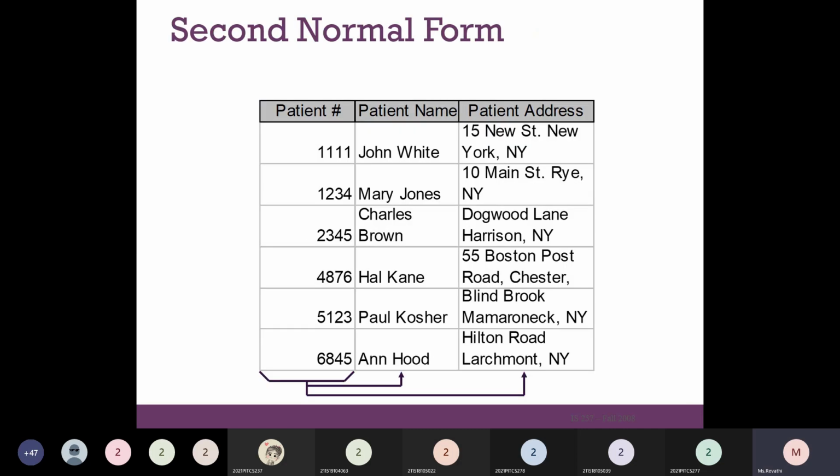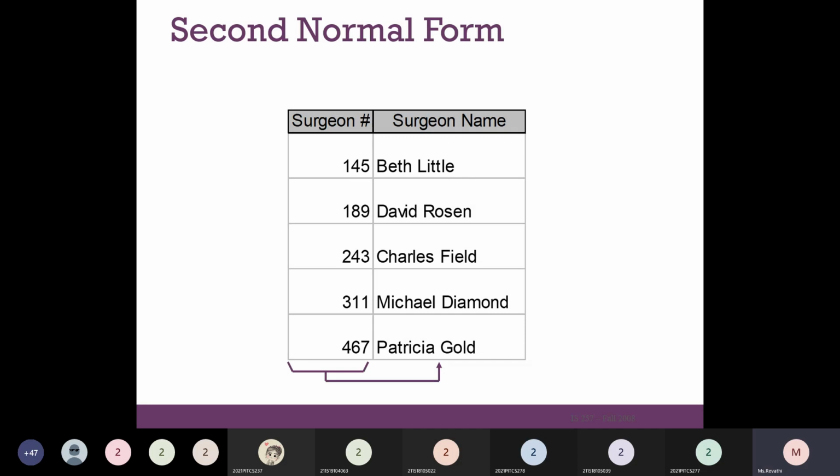So to bring it into second normal form, we take our previous relation and hold patient number, name, and address in one relation, and surgeon number and name in another relation.